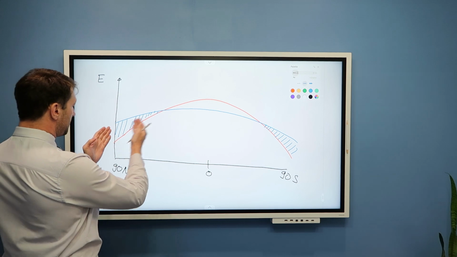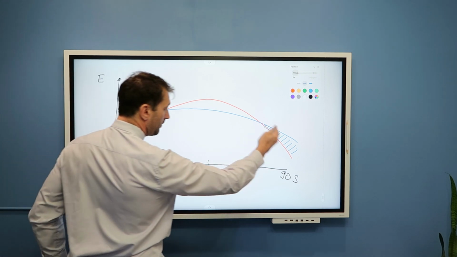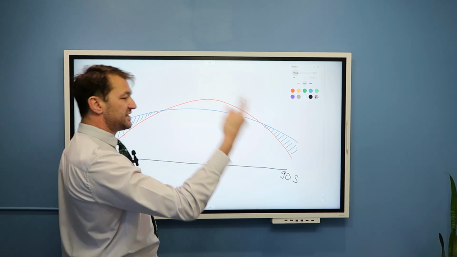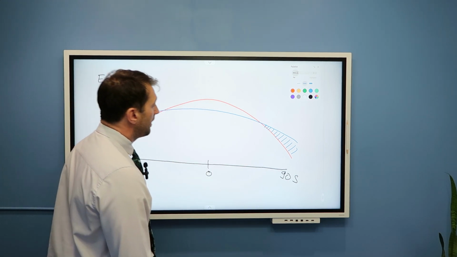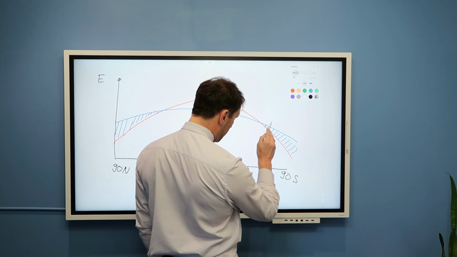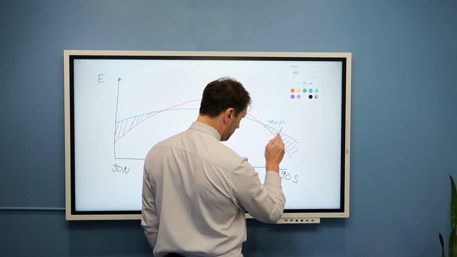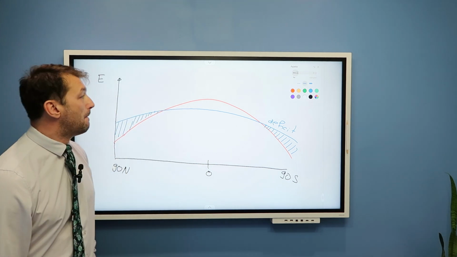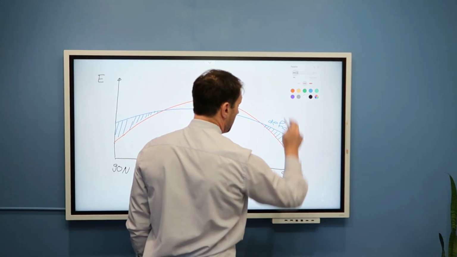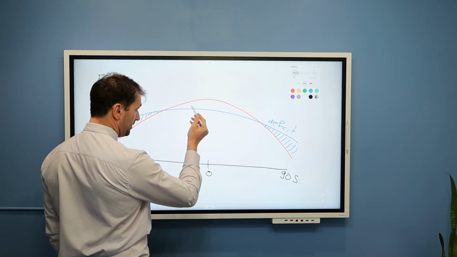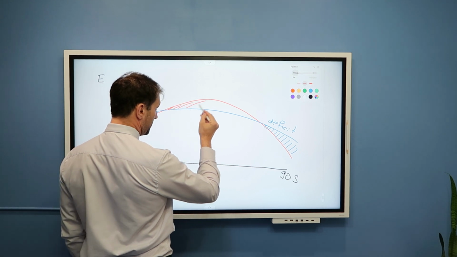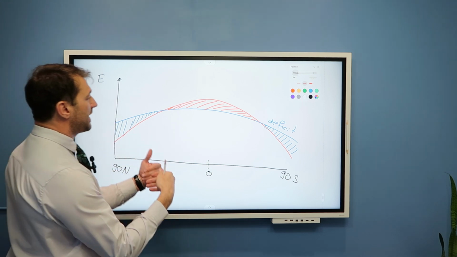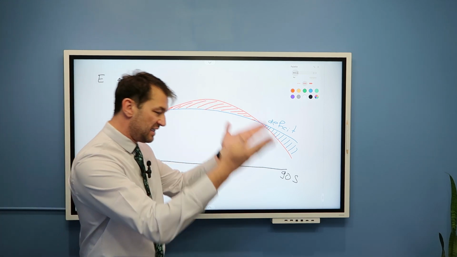And the concept is that high latitudes lose more energy than what they receive from the sun. So here we would say we have a deficit of energy. But over here in the tropical and subtropical regions, we receive more energy from the sun than what we give away.